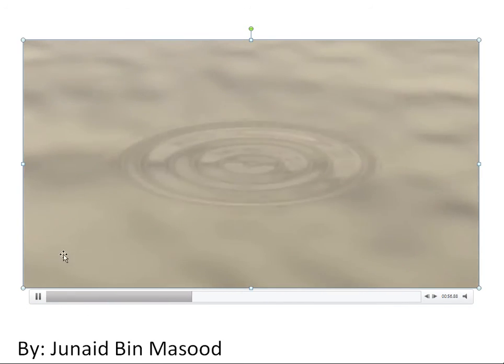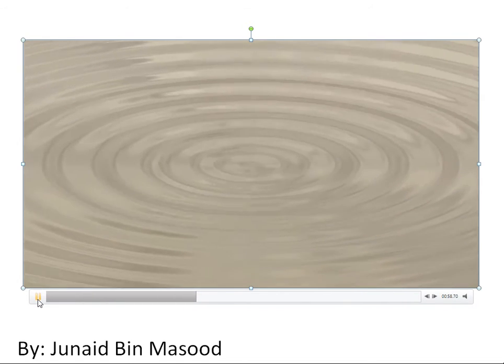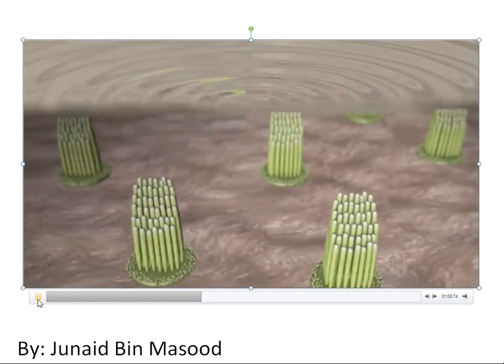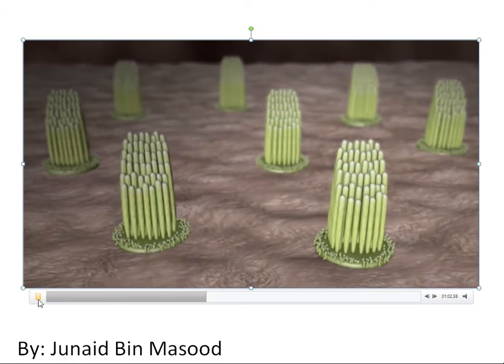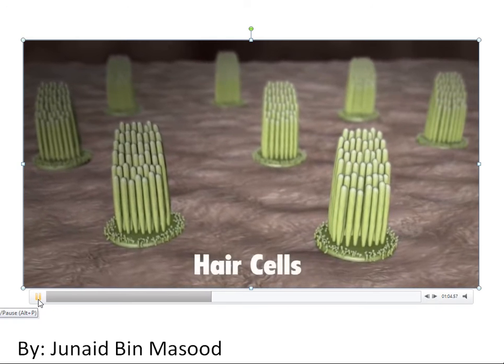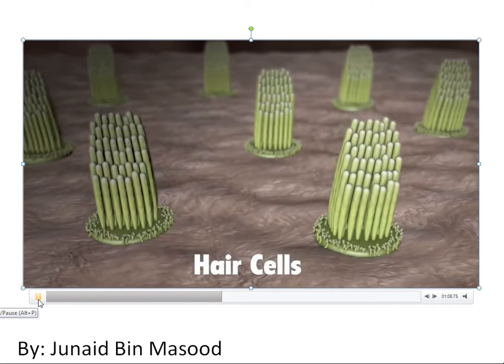Inside the cochlea there is a fluid. When the sound wave reaches the liquid, it starts to produce ripples. Just under the liquid are tiny hair-like structures. With the movement of the ripples, the hair cells start getting vibrations.